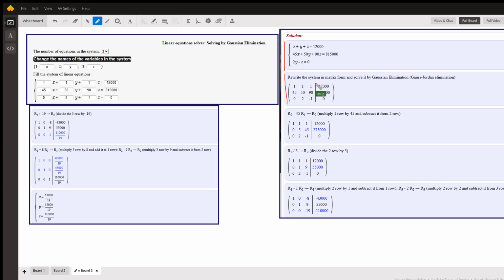Notice that we add on the constants here to the right. And then the idea is to get zeros in all the other elements and 1 along the diagonal. You can take a look at what row operations are performed to make that happen.